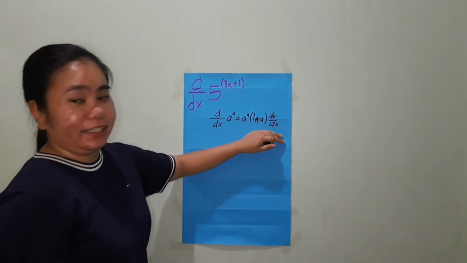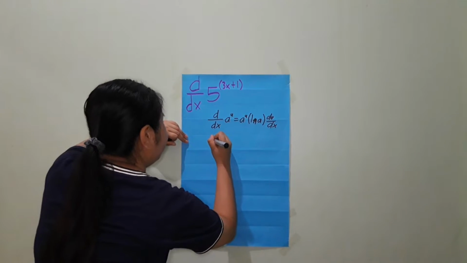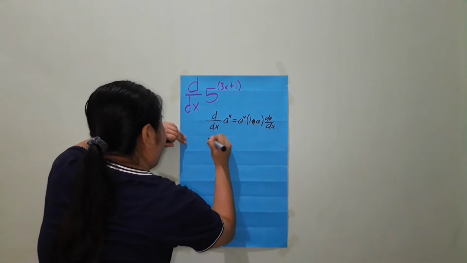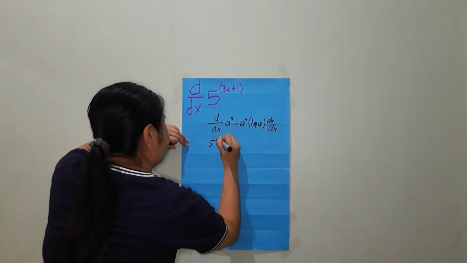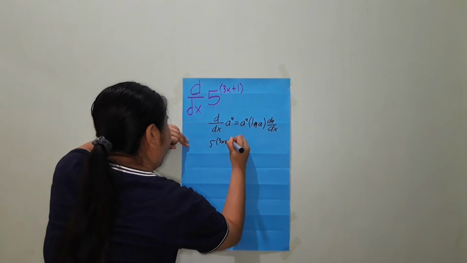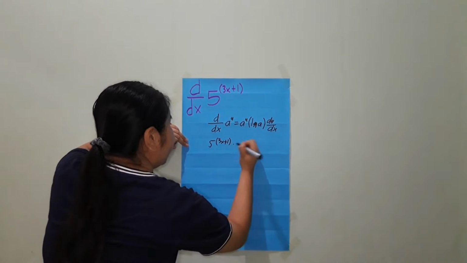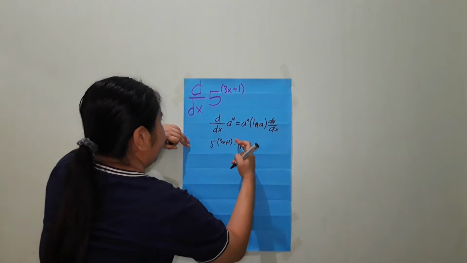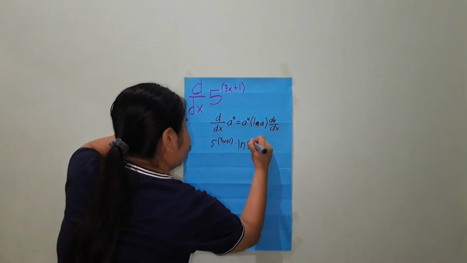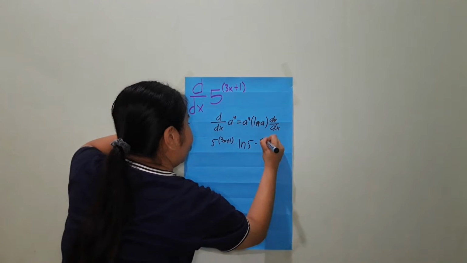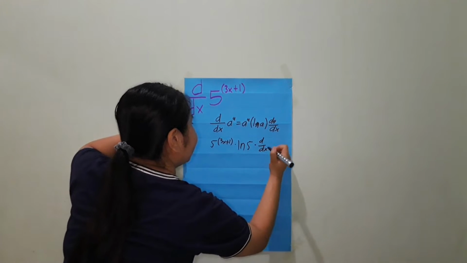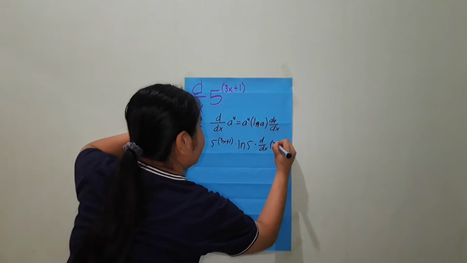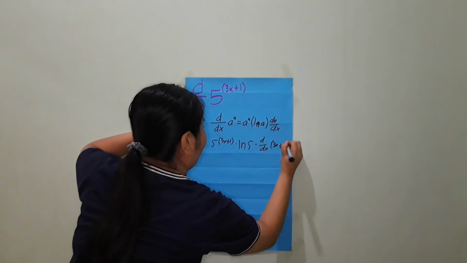So, after this, meron tayong 5 raised to the power of 3x plus 1 times ln, ano ba yung a natin dito, which is 5, times d over dx of 3x plus 1.